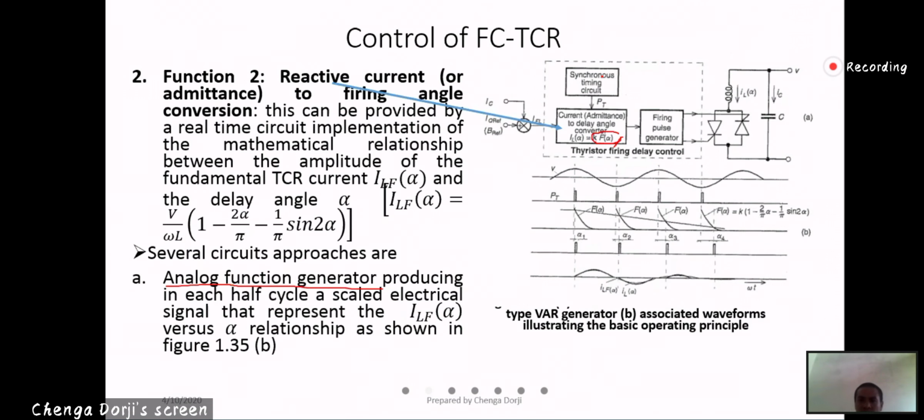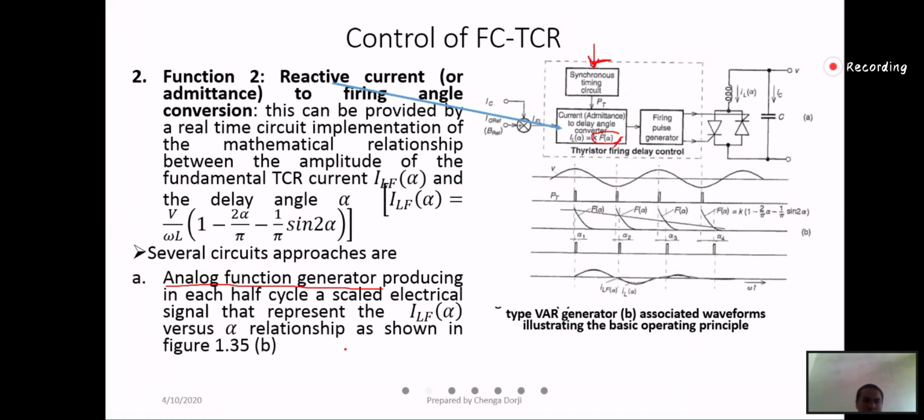First, timing is given by the timing circuit. Then this timing circuit actuates the circuit converting the reactive current to the firing angle. It generates the reactive current, which is given to the pulse generator, and then the pulse generator gives it to the gate of the thyristor, where it is actuated.